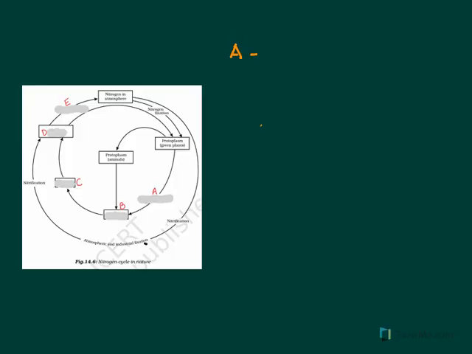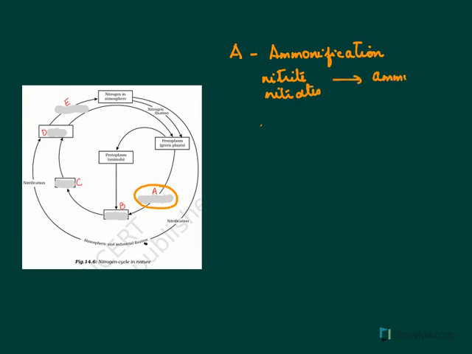Here is the nitrogen cycle. We need to know what is A. Now A is a process of ammonification, which is conversion of nitrites and nitrates to ammonia. Then next we have B. B represents ammonia.